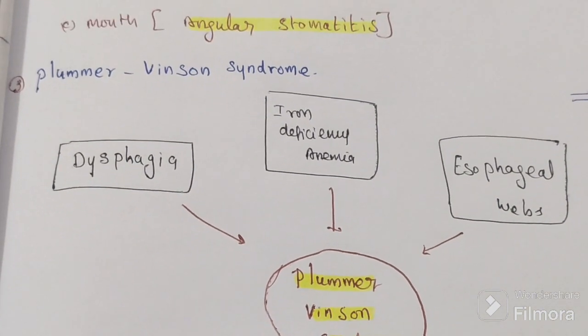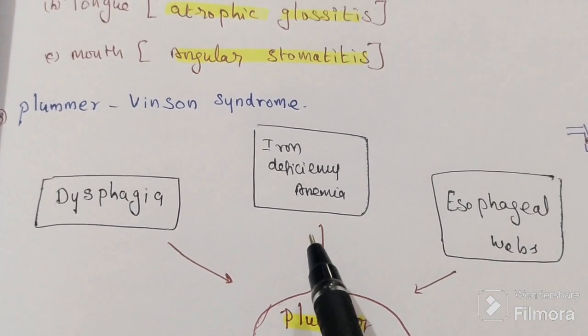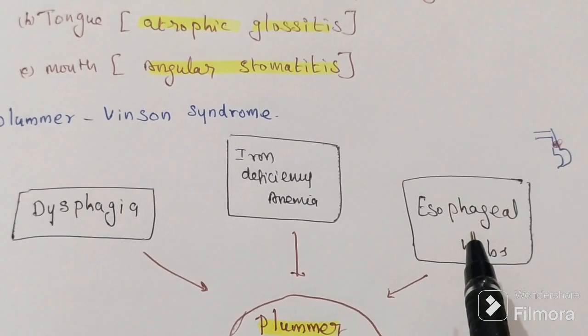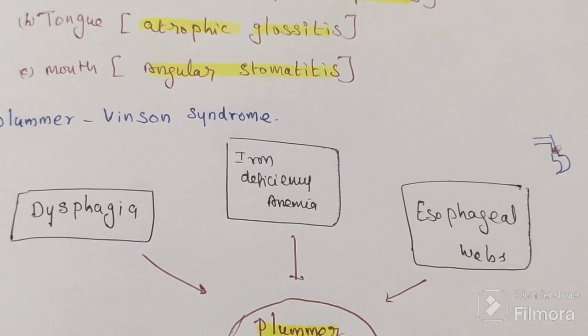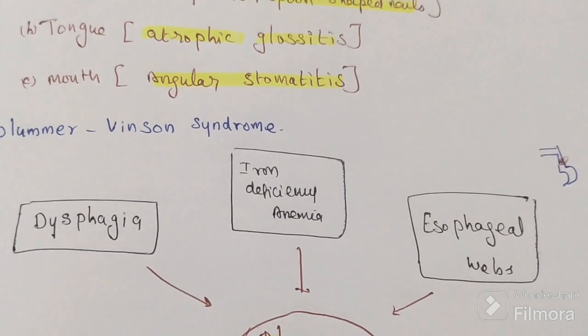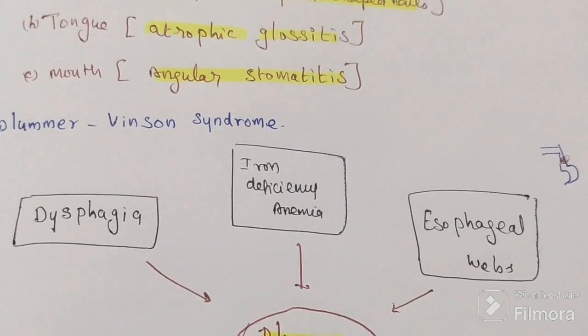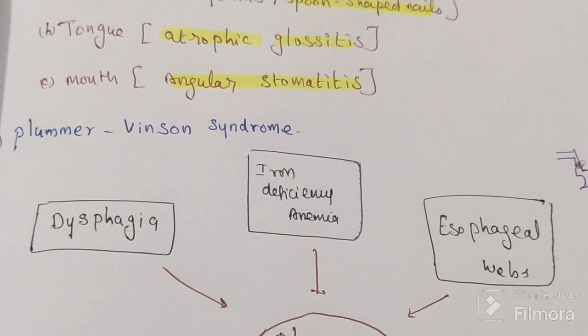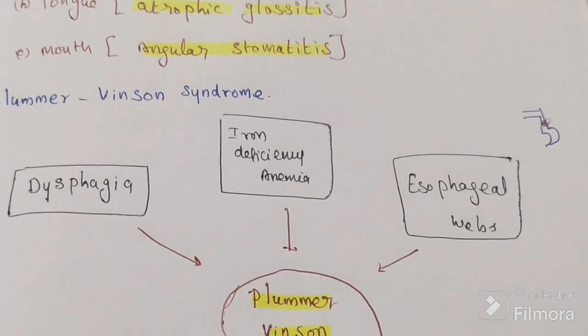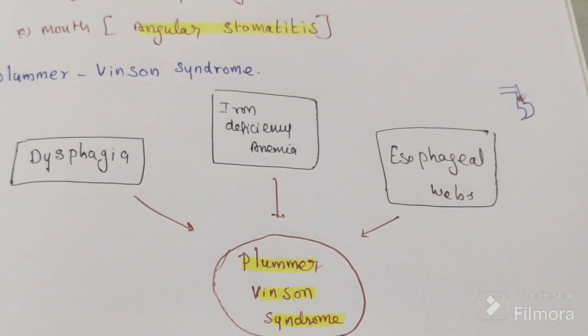It is a triad: iron deficiency anemia, then an esophageal web, a ring-like structure, will form. After that, dysphagia, difficulty swallowing food. So it causes Plummer-Vinson syndrome.